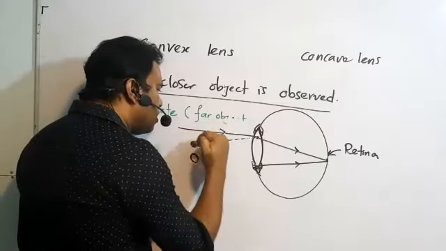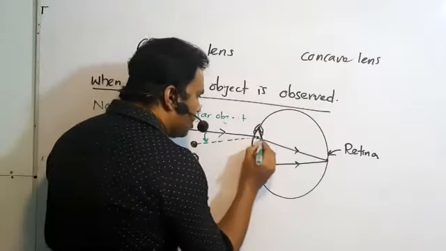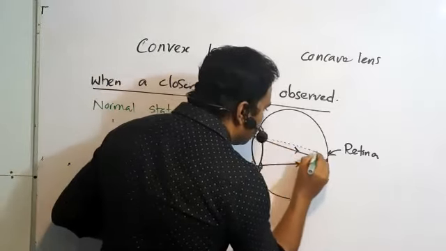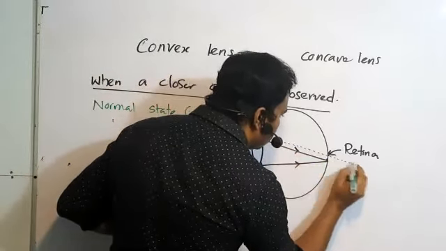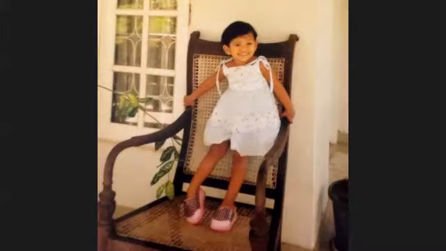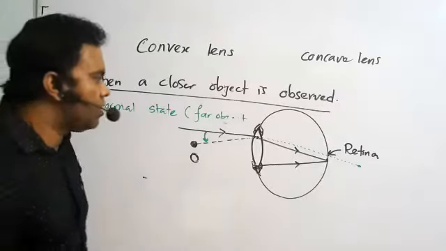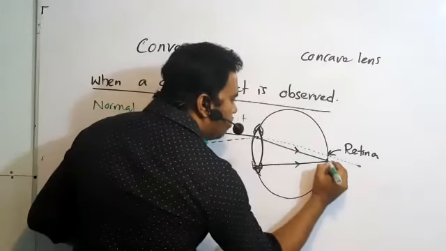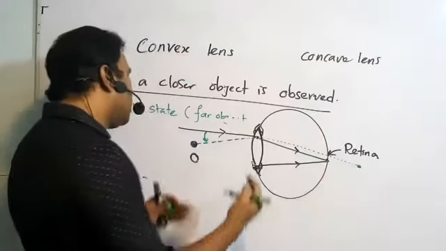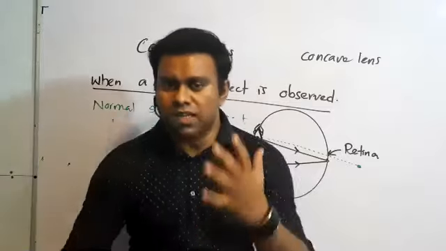When this light ray comes like this, it refracts like this. The image is made away from the retina. So in this case we can observe a blurred image.